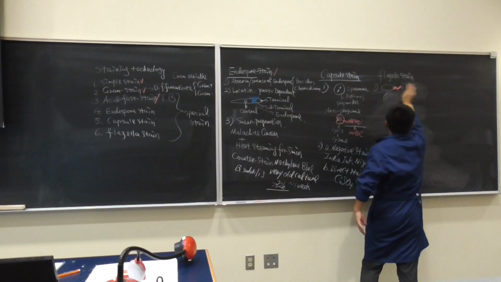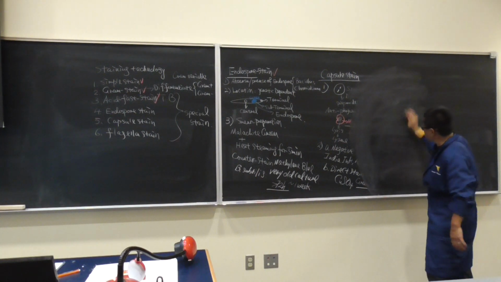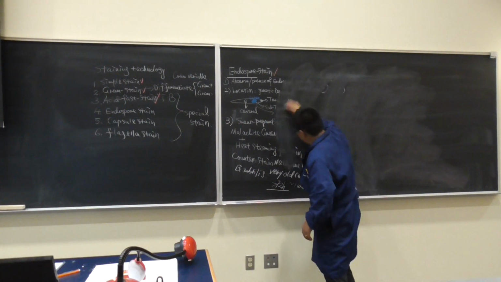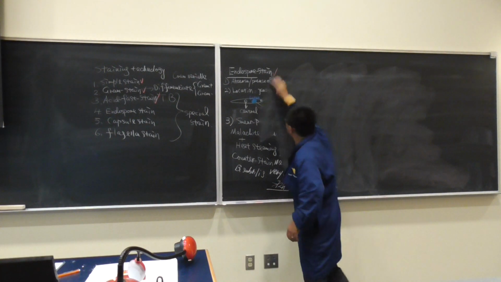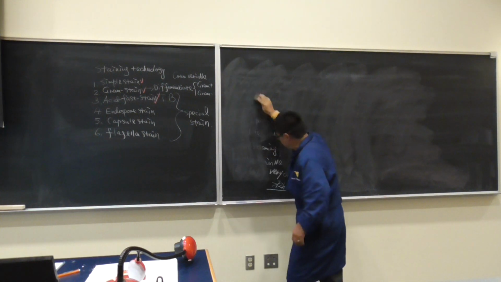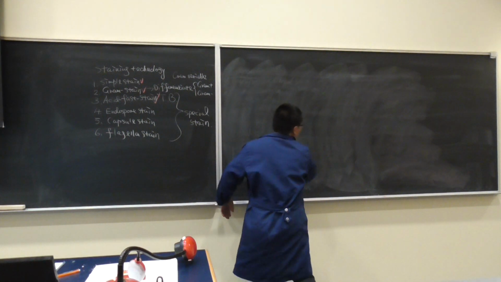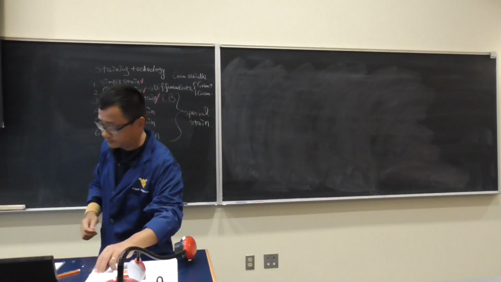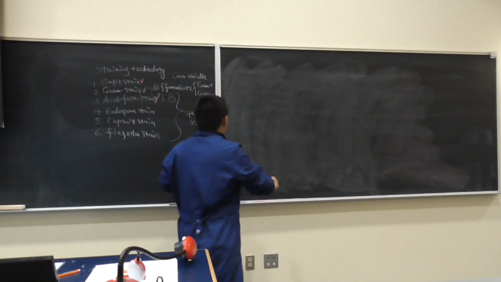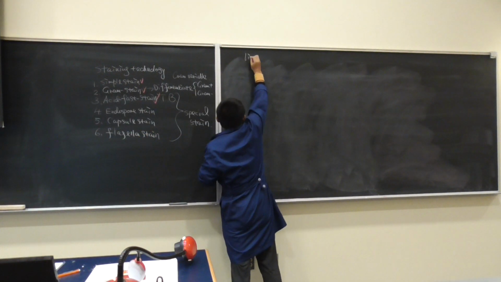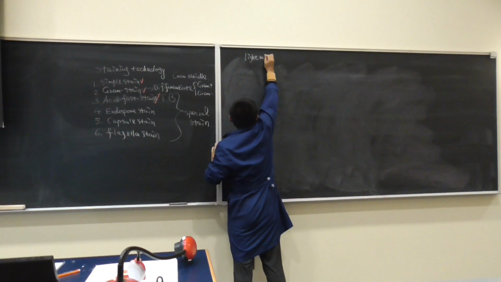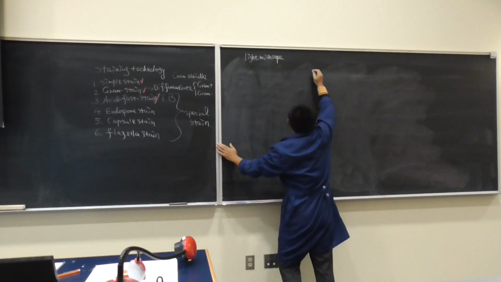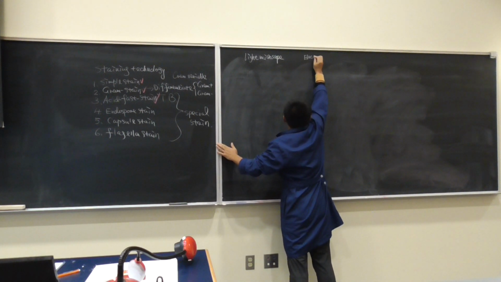Now, to understand the electron microscope well, we want to do a comparison with the light microscope, so you fully understand the difference between them, instead of just talking about the electron microscope separately. So we want to draw at the top: this is light microscope, and here we're going to do electron microscope.